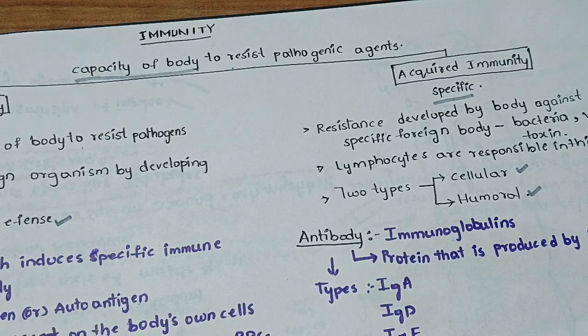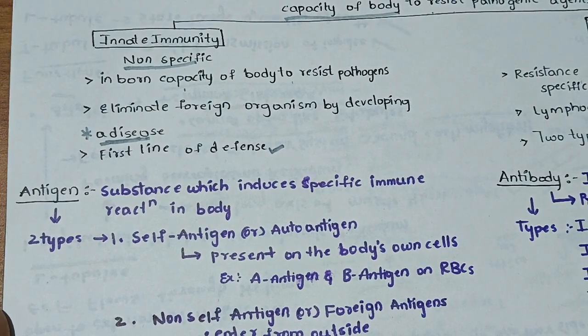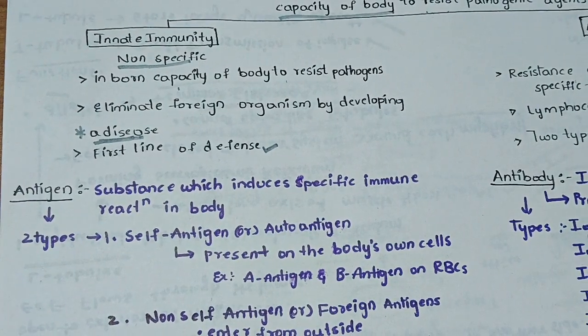Now, there are two main components involved in immunity. What are they? Antigen and antibody. What is an antigen?